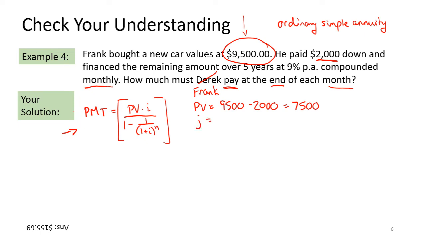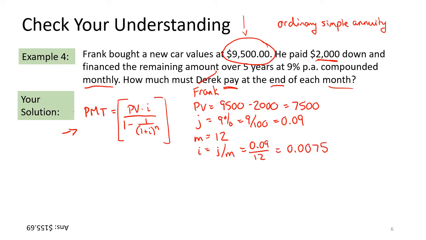Our nominal interest rate is 9%, which again is 9 divided by 100, removing the percentage sign, which is 0.09. In this instance, we're compounding monthly, so m is 12. So our periodic interest rate, i, is equal to j divided by m, or 0.09 divided by 12, which gives you 0.0075.